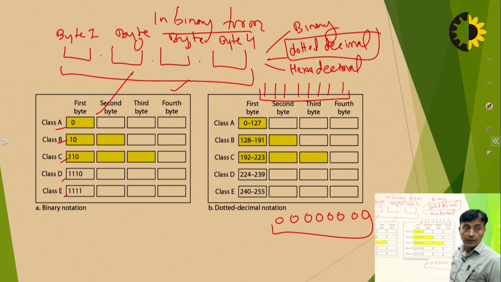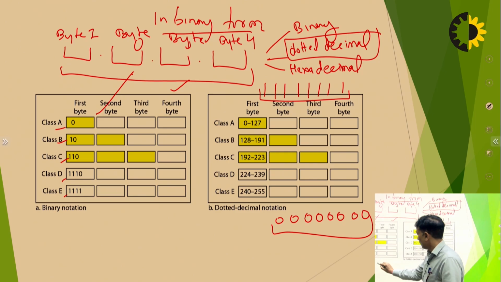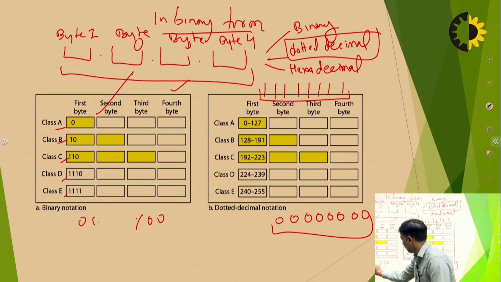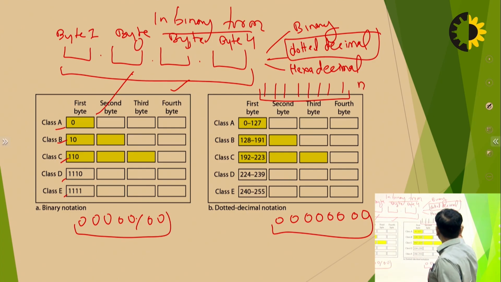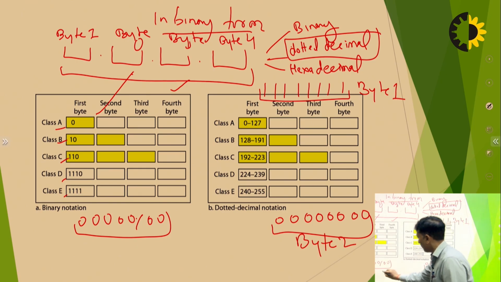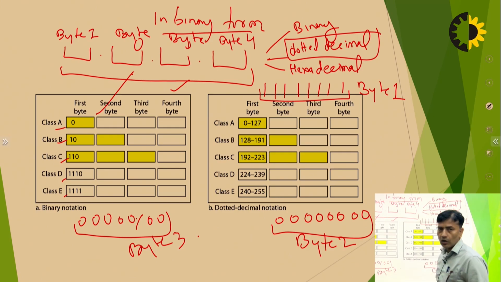It may be possible. Third byte contains, suppose, 1 0 0 and 0 0 0 0 0. This is byte 1, suppose this is byte 2, and this is suppose byte 3. Similarly, suppose byte 4 has all 0s.